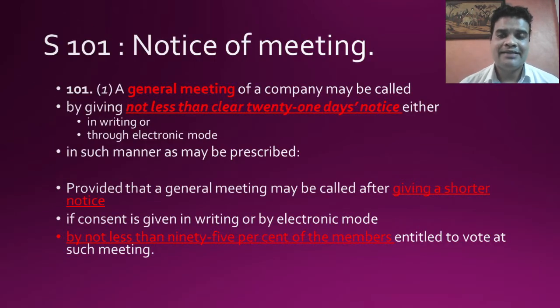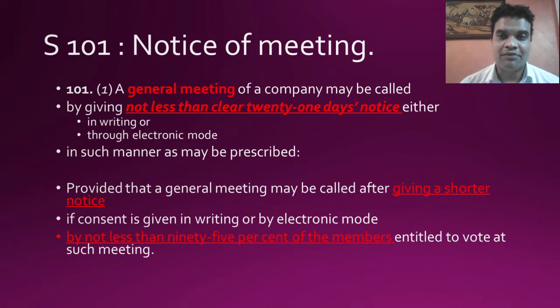Section 101 subsection 1 states that a general meeting of a company may be called by giving not less than 21 days notice, either in writing or by electronic means, as may be prescribed. It means as per the rules. We will look at the rules later on in this presentation.